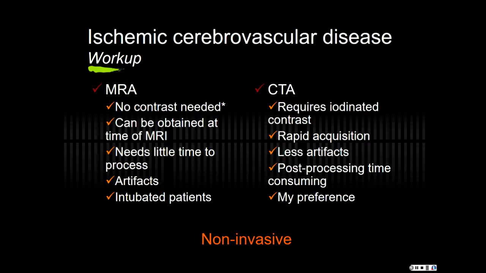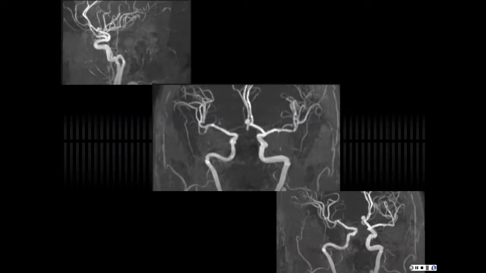And I actually prefer CT. I think the images look better. My personal preference. By the way, a CTA is what I showed you with that aneurysm before. There we go.